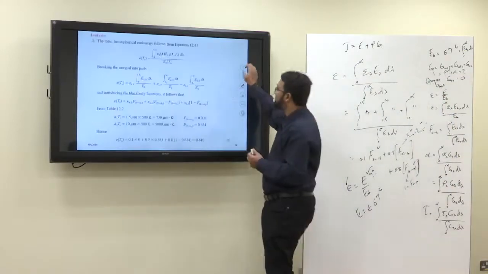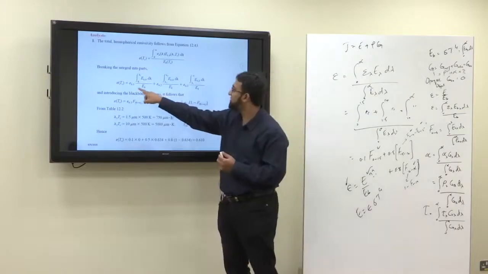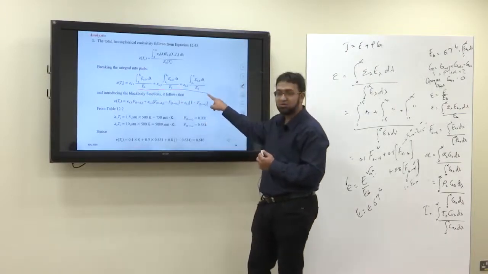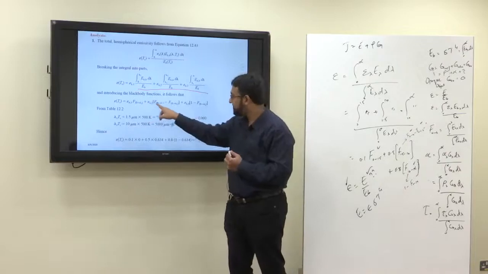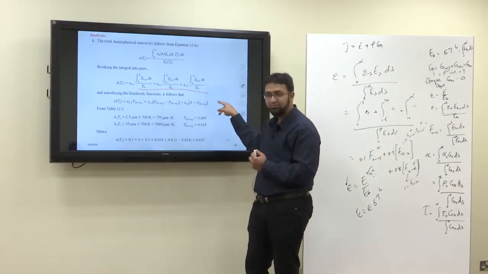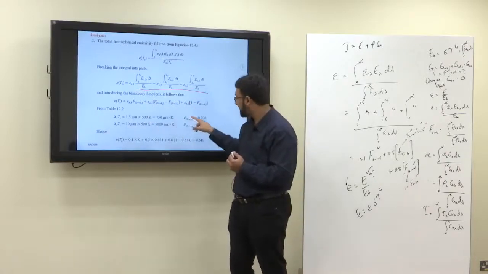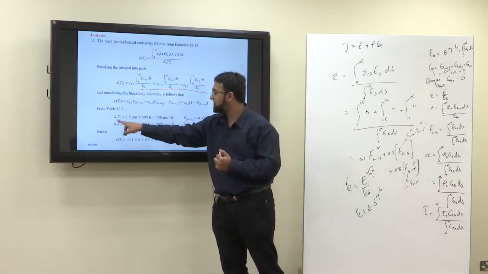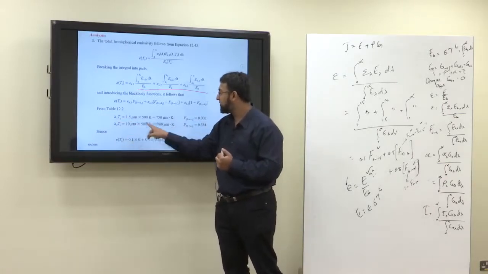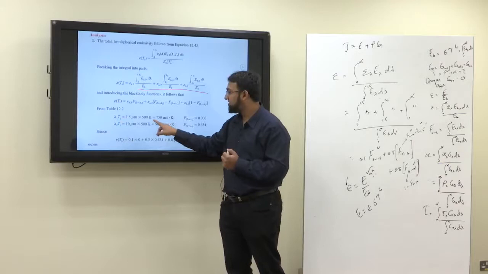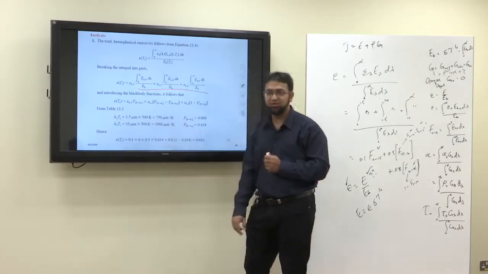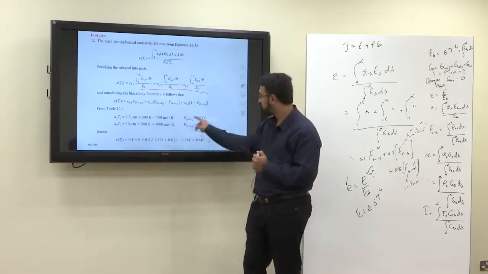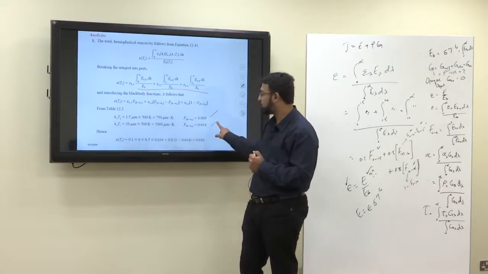So let's see the problem here. You see it's divided into 3 terms. Then find out the fractions for the 3. For finding the fractions, we have to multiply lambda by T, and T is 500 because we are considering the brick wall. So we get these fractions.